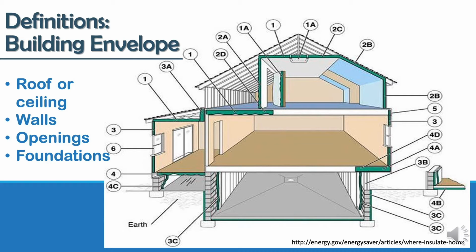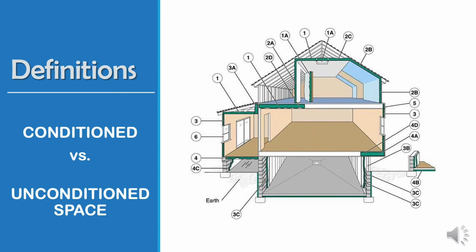So if we have a crawl space, traditionally we don't worry as much about insulating the walls and the floor of the crawl space, but we want to insulate the floor between the crawl space and the space where we live, which is often referred to as habitable space, and it's also referred to as conditioned space.